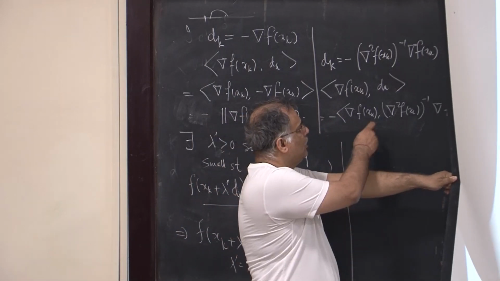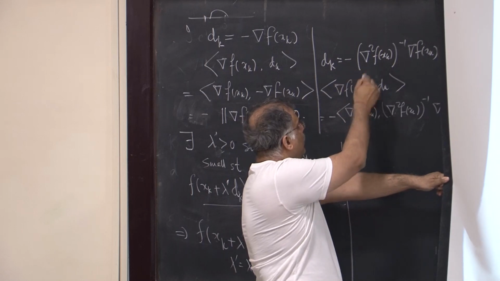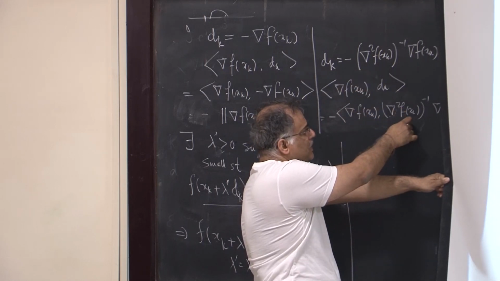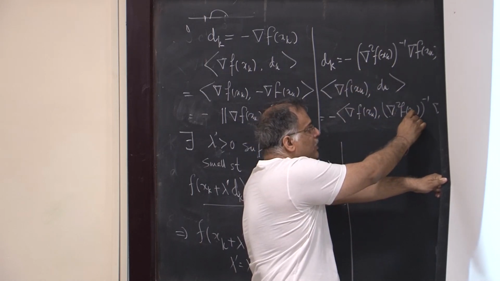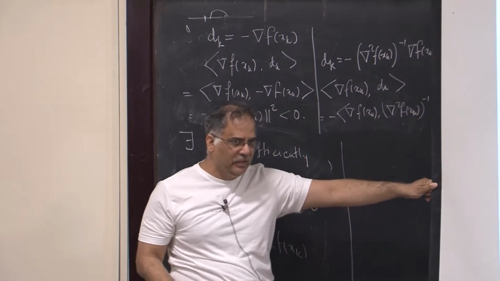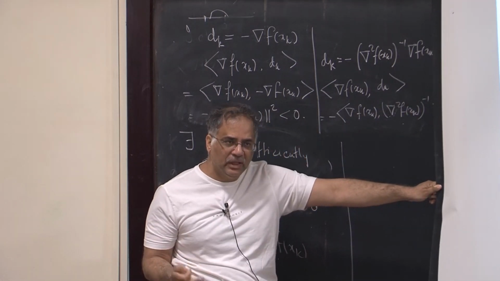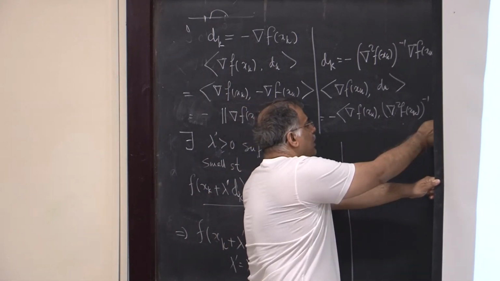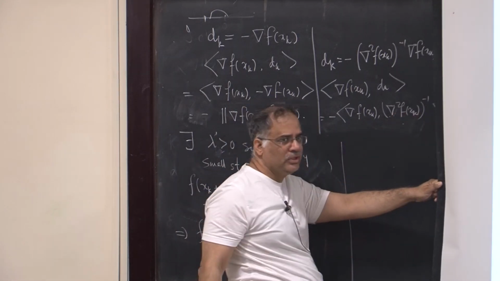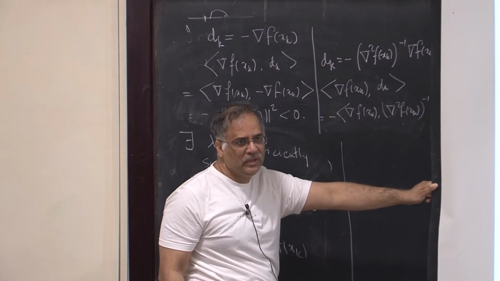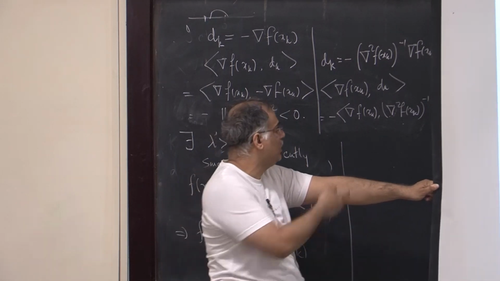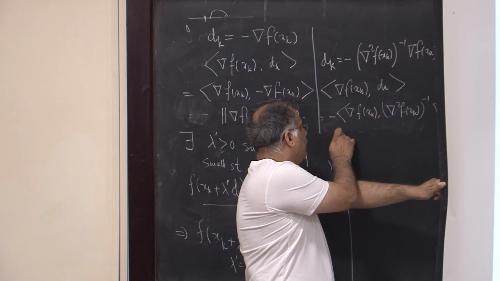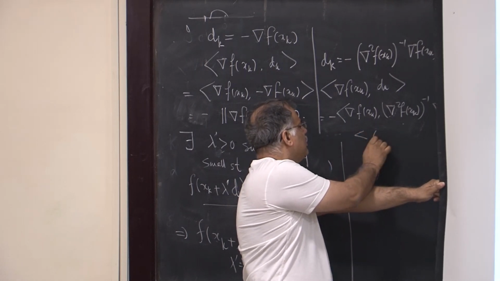If the matrix grad square f(xk) is positive definite, its inverse is also positive definite, and every positive definite matrix is invertible. So, with any grad f(xk) non-zero, a positive definite matrix always has the inner product strictly bigger than 0, and with a minus sign here I can write this to be strictly less than 0.